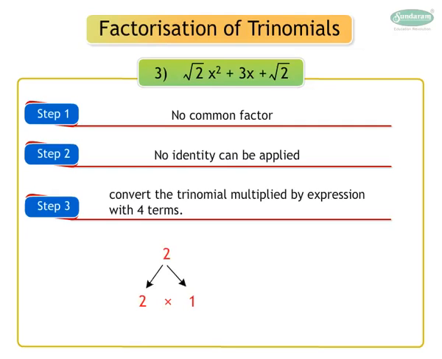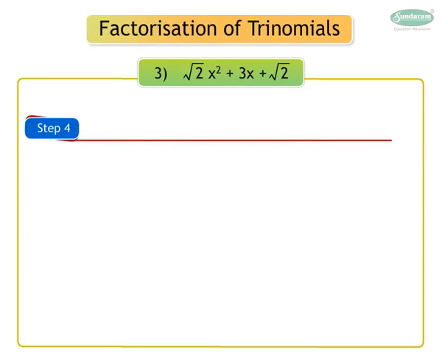Hence we get 2 and 1. 2 × 1 is 2. 2 + 1 is 3. Step 4. We now express the trinomial as √2x² + 2x + 1x + √2. You can notice that 3x is split into 2x + 1x.